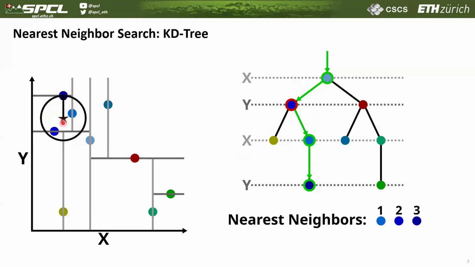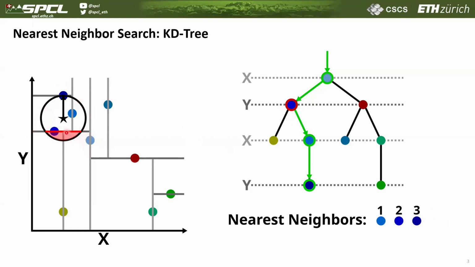The radius of the sphere is the distance from the query point to the last item in our nearest neighbor list. And now we check whether or not this hypersphere, or this circle here, intersects with the line corresponding to our current node in the tree. So we have this node, this line corresponds to it, and as we see, this line does intersect the circle.